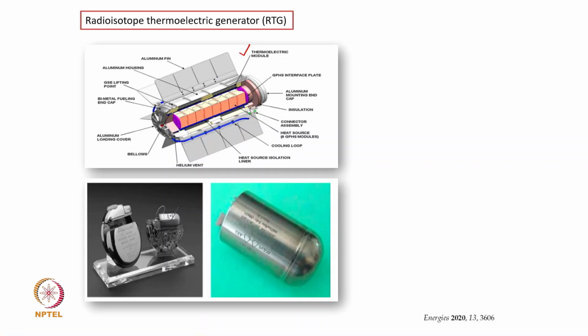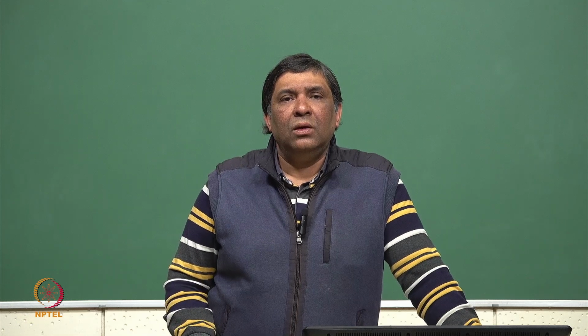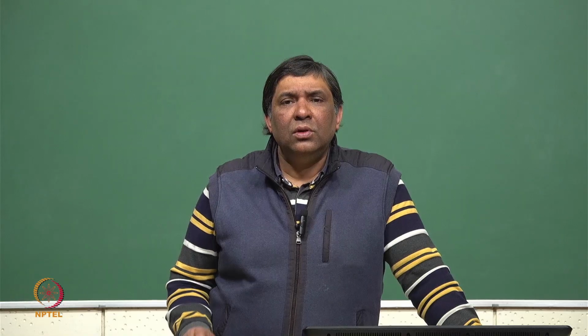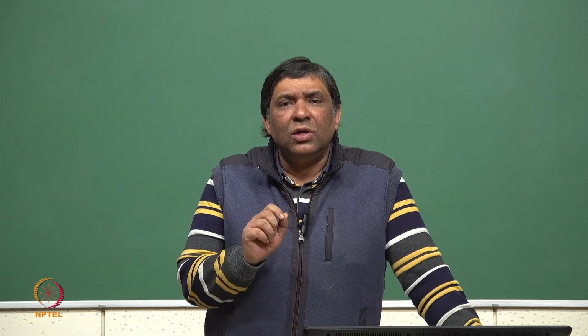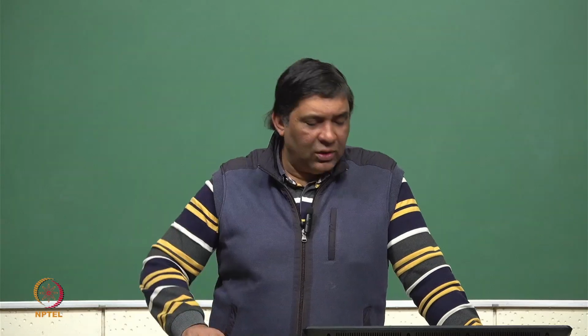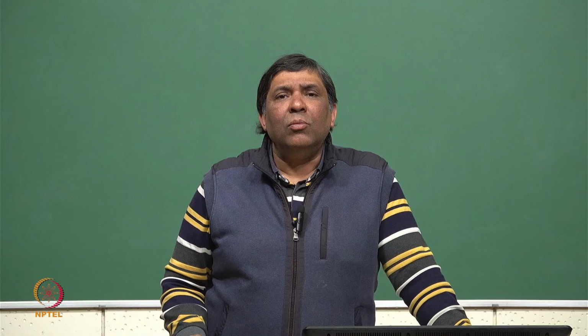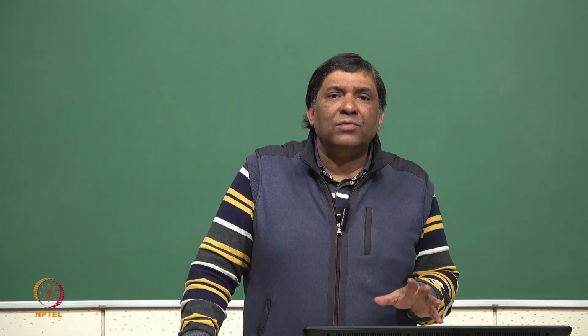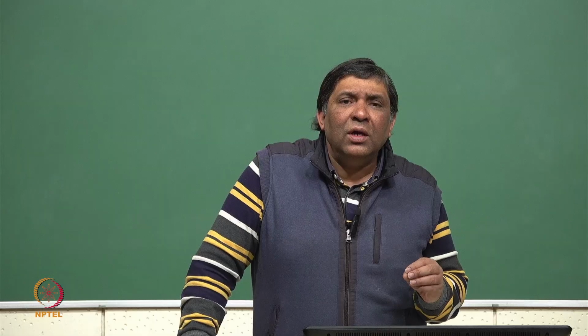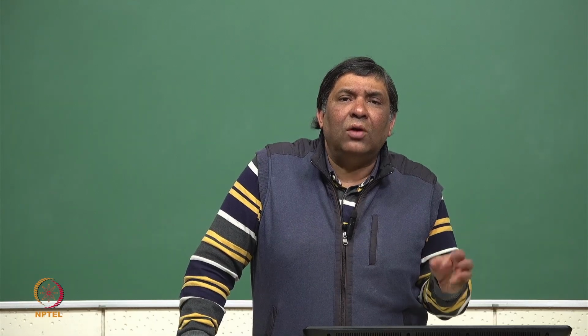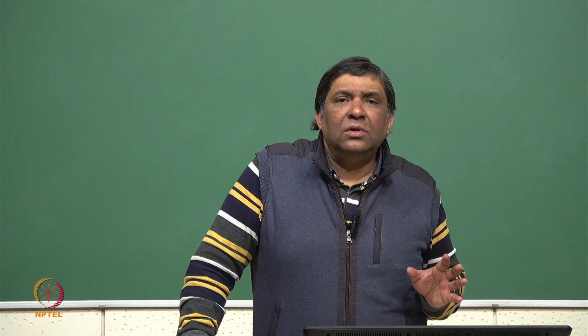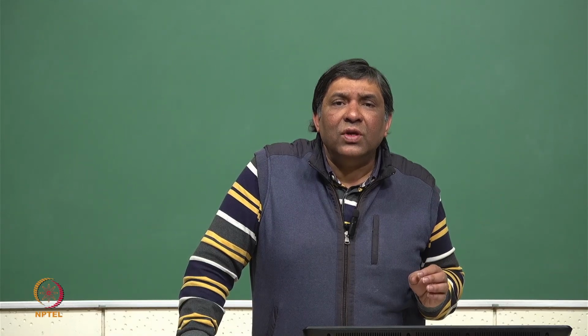And then people have also used these RTGs to make small batteries. A very small nuclear or radioisotope source was made in order to make small batteries, and then they were used in the pacemaker, because even with a very small temperature difference or very small amount of heat, it gives some milliwatt amount of power, and therefore one can use it reliably.